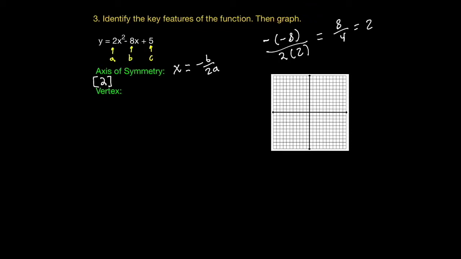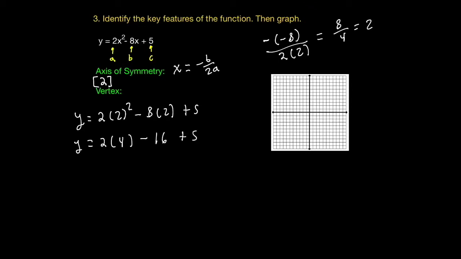And then for the vertex, we just have to plug in 2 into the equation. Everywhere we see an x, we're going to replace it by a 2. So we get y equals 2 multiplied by 2 squared minus 8 multiplied by 2, and then we're going to add 5. So 2 multiplied by 2 squared is 4. We're going to subtract 8 times 2, which is 16, and then add 5.